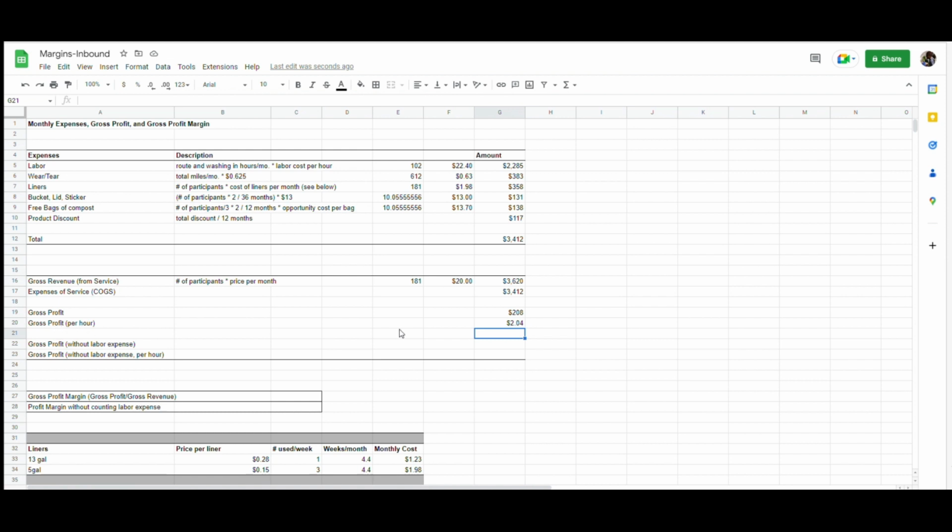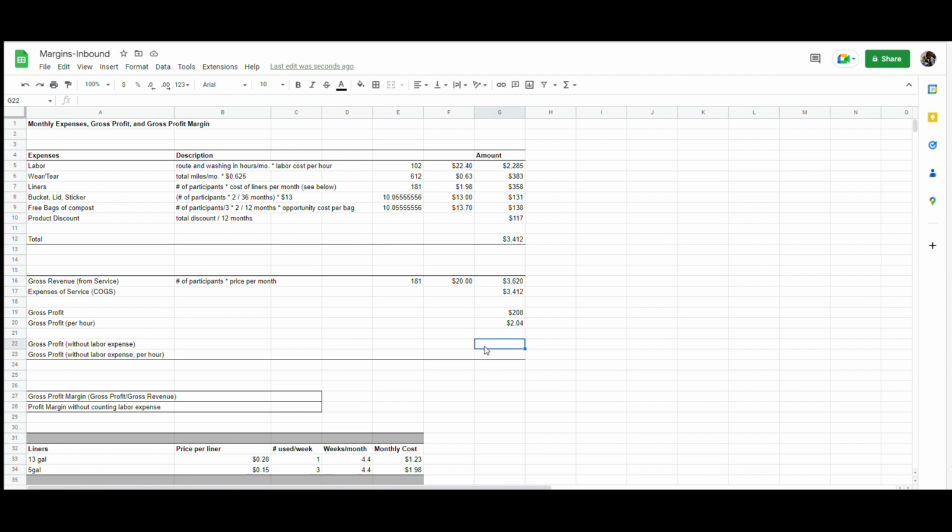The gross profit per hour, okay, that's not all the money that's being paid. This is after we pay, again, not only all of these expenses, but including the person who's doing the pickup. So what if you're like me and you're doing the pickups? Then we add this number back in, right?